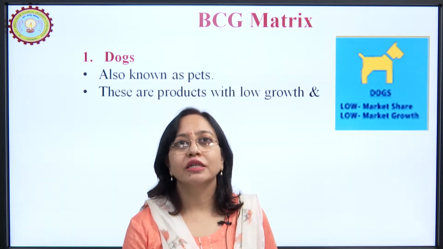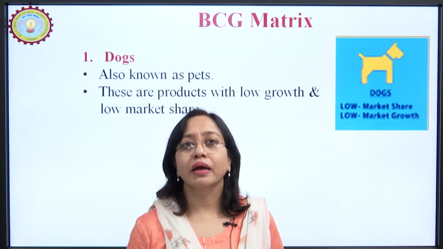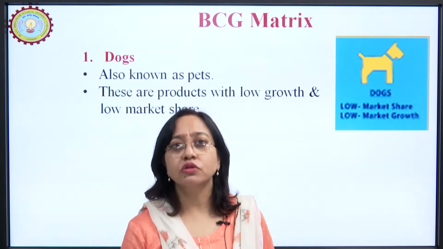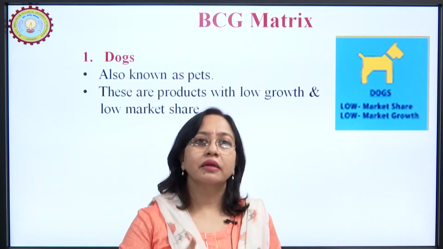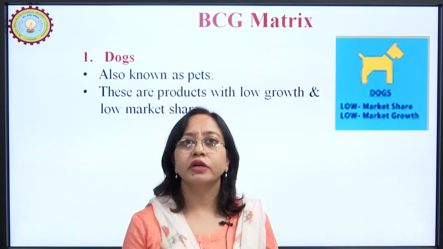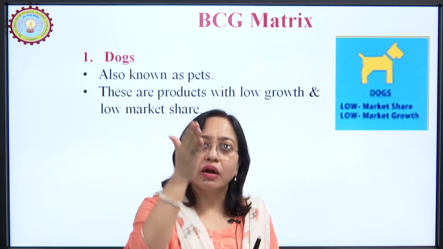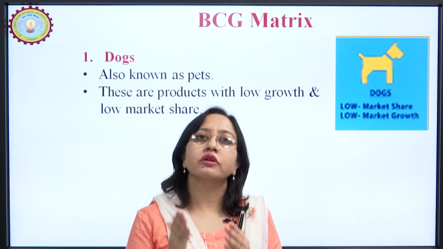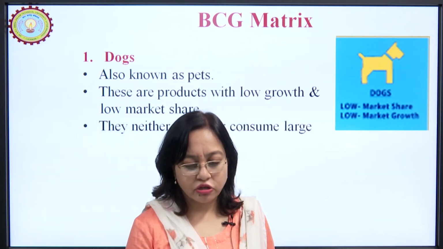These are also known as pets. These are products with low growth and low market share. That was obvious from the matrix also. In terms of competition within the market, your product is very low, and the growth rate of the market is also not very attractive.